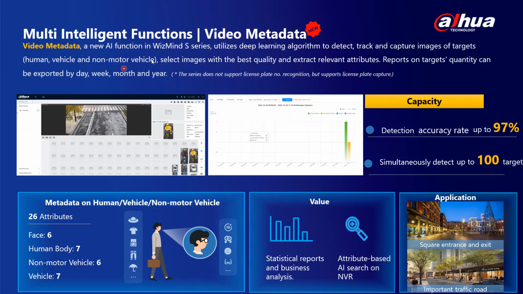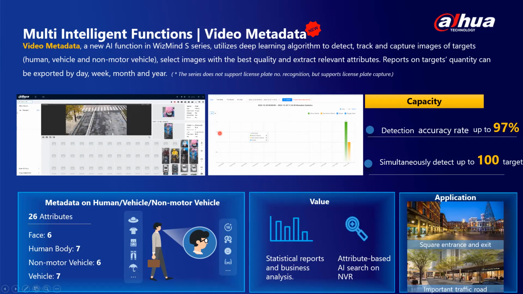There are some other series that do not support license plate recognition, but support license plate capture. There's an illustration here to help understand how the camera captures these details. Let's take a look at this. We have the first motorbike, the second, we have the vehicle captured, etc. As it captures these objects, it registers them in the system, providing them relevant metadata, maybe relevant additional information.